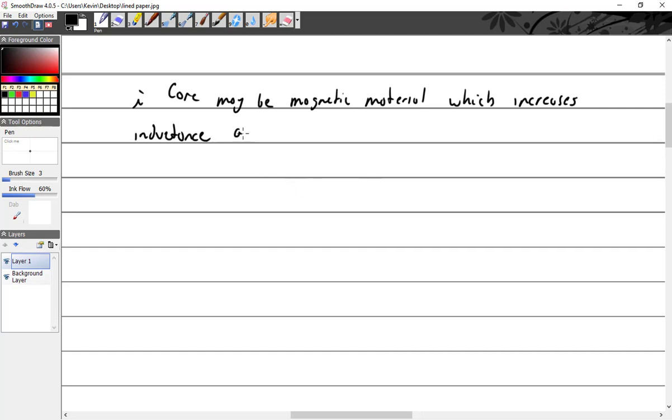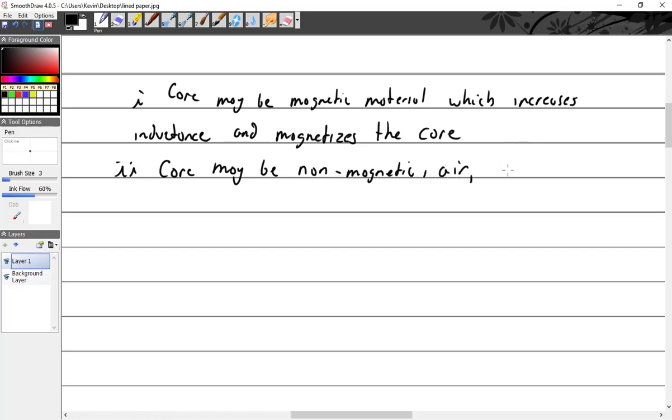The core may be non-magnetic, air or insulator, which decreases inductance.